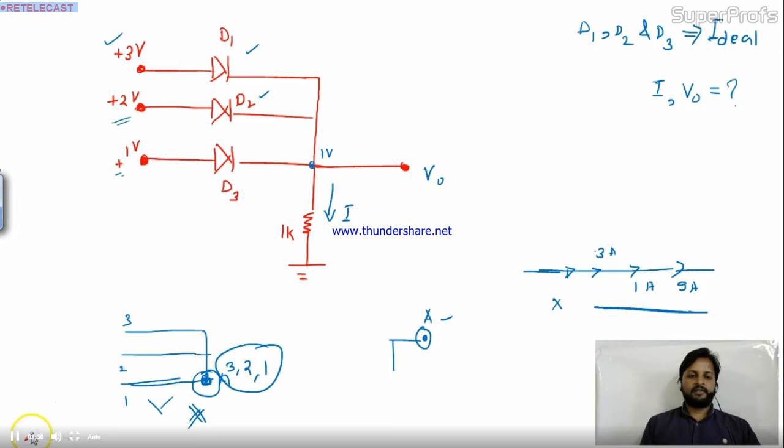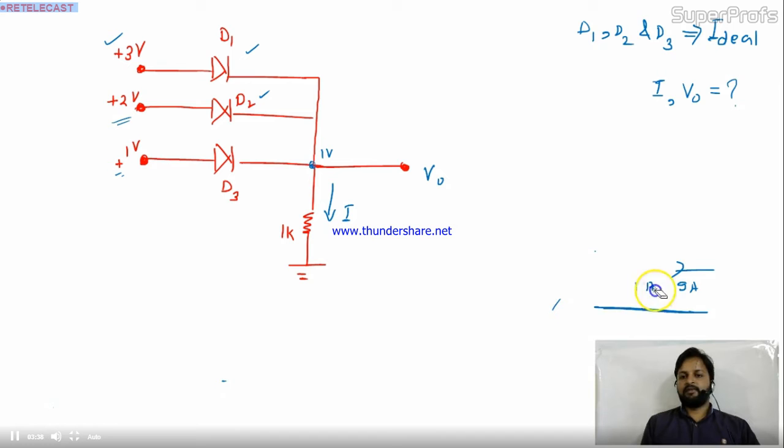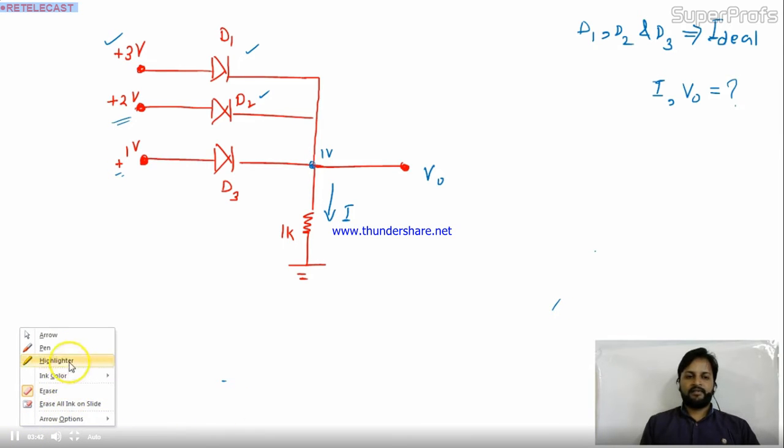Now come to the next one. Assume D2 is on, and we'll check the remaining ones. My condition is D2 is on. If D2 is on, meaning forward bias, here the voltage will be 2 volt. Because of this 2 volt, D3 will be off, but D1 will be on.